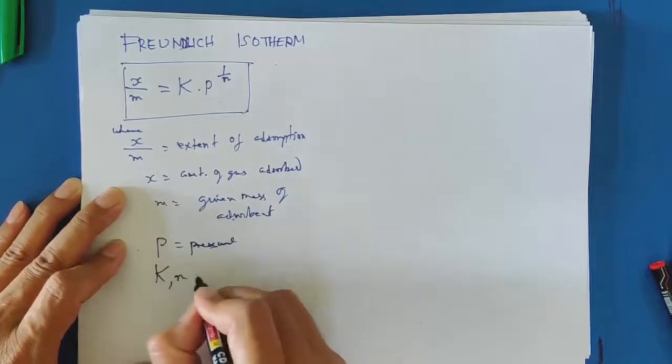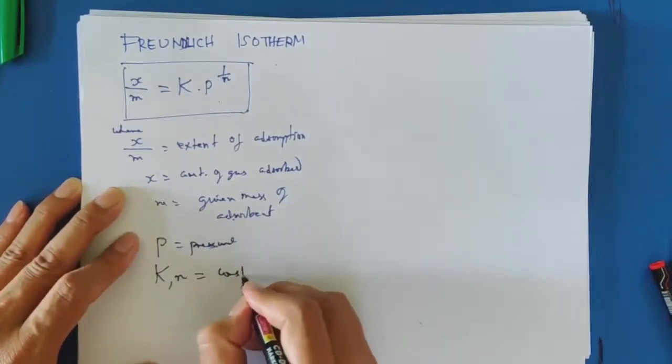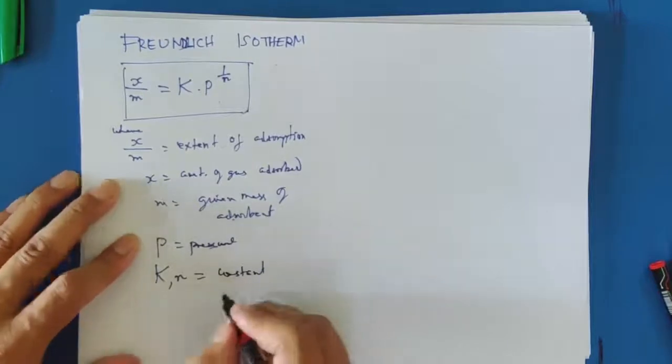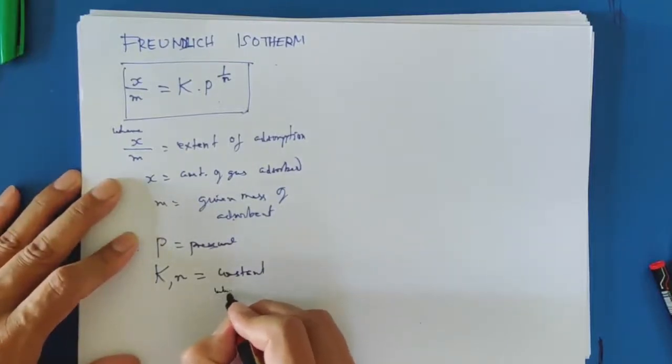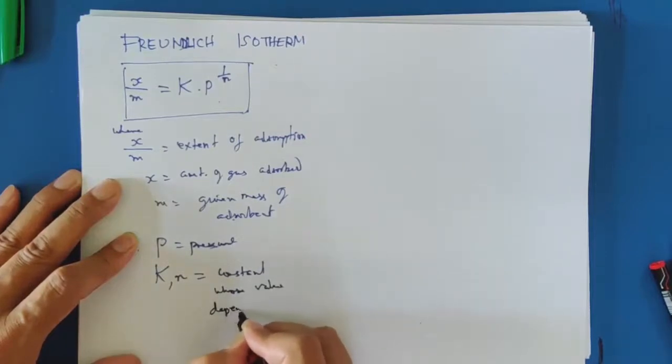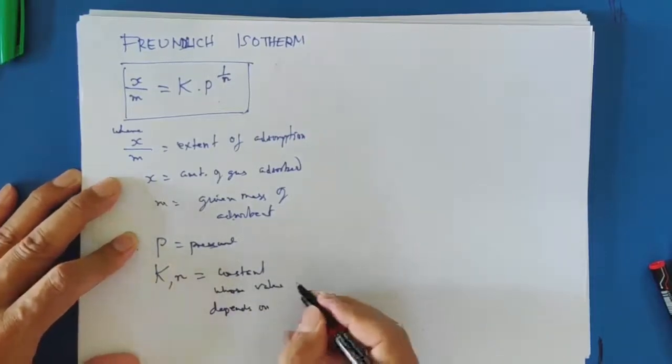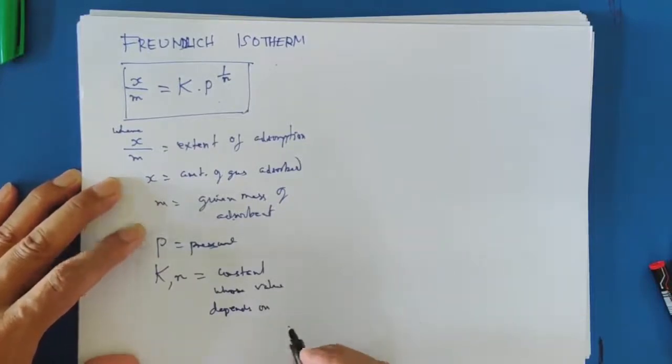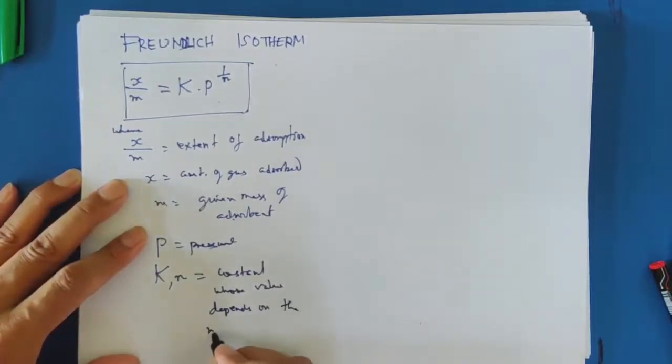K and n are constants, whose values depend on the nature of the adsorbent and the nature of the gas.